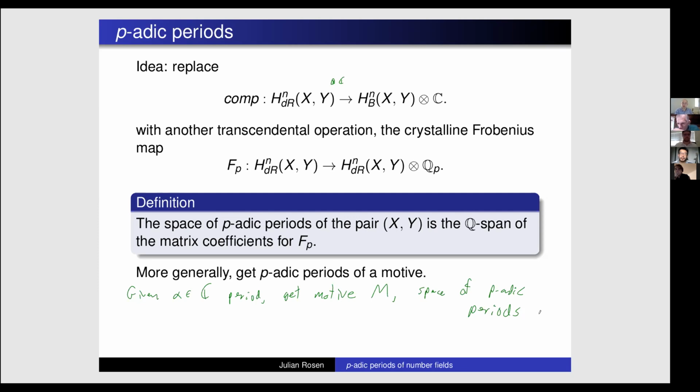If one assumes the Grothendieck period conjecture, then it would follow that the space of p-adic periods is bounded above by the dimension of the space of complex periods. Let me mention also, since there isn't an actual correspondence, I'm not telling you that there's one particular p-adic period that corresponds to a complex period.